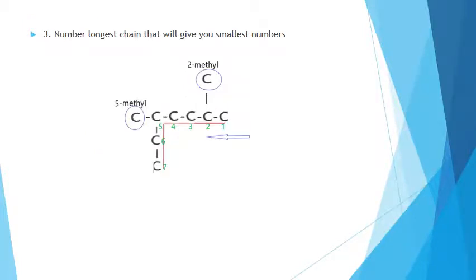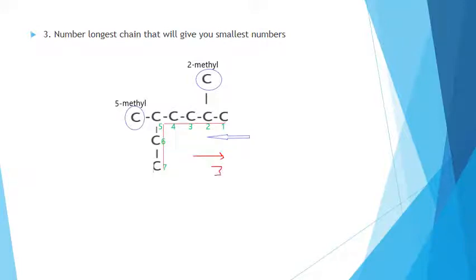All right. So what we want to do now is find the direction that's best. If we start from this carbon here, it would be 1, 2, 3, 4, 5, 6. It'd be 3, 6 going this way.